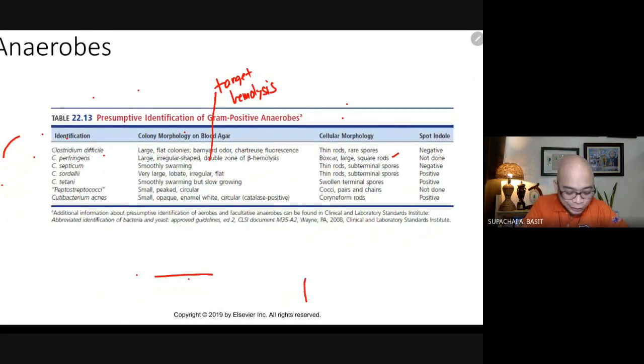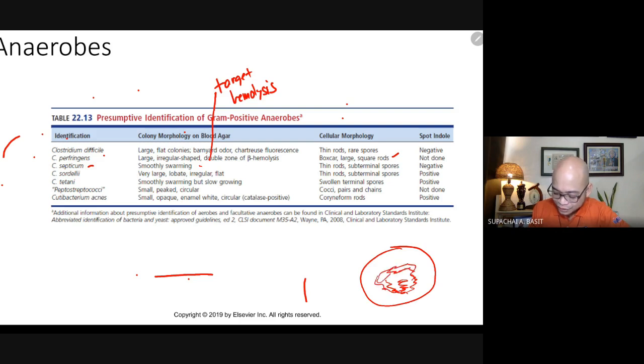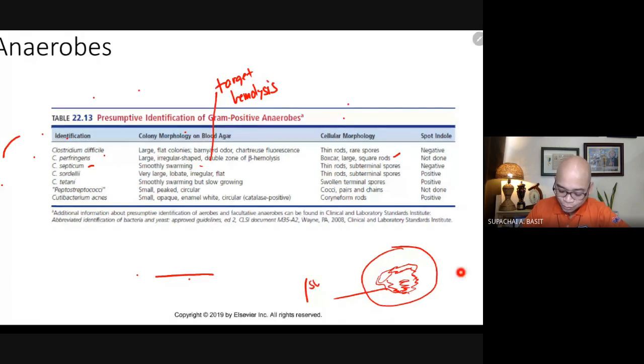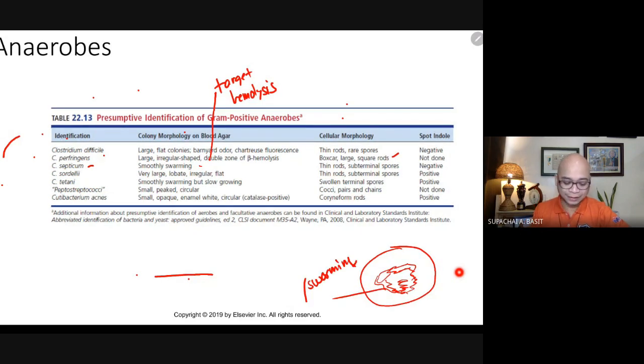Then Clostridium septicum would have swarming. What do you mean by swarming? If this is the blood agar plate, and you place the culture here, the organisms will actually spread. The colonies will spread. Spreading of organisms in the plate is called swarming.